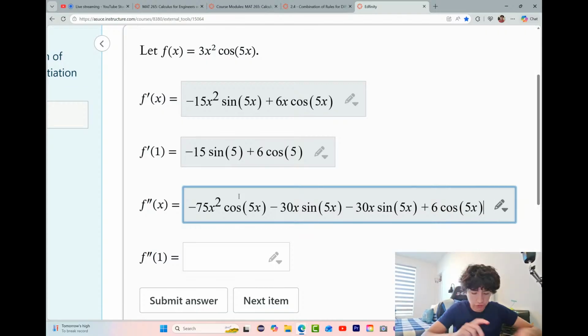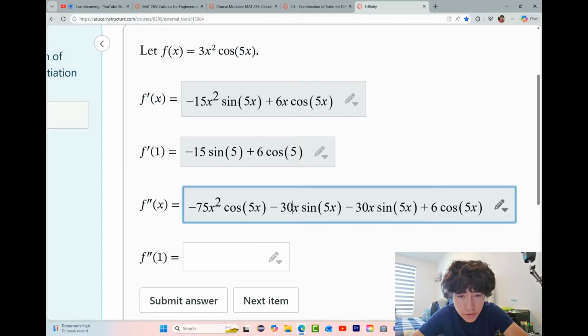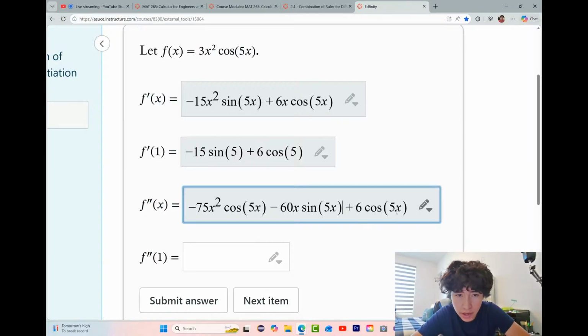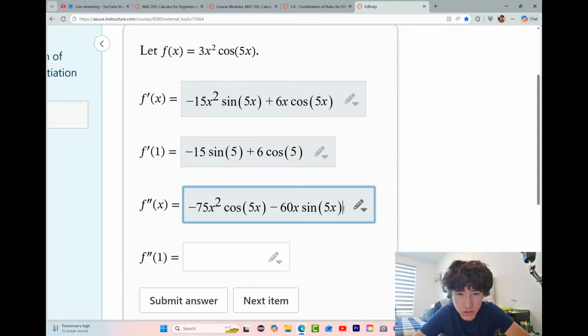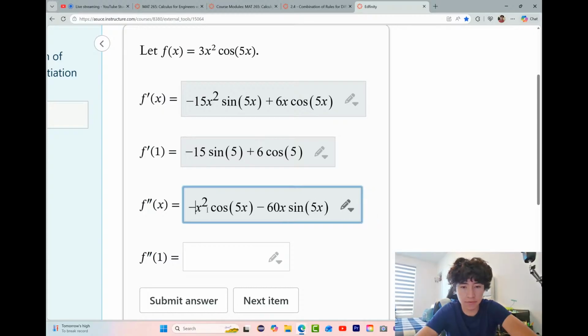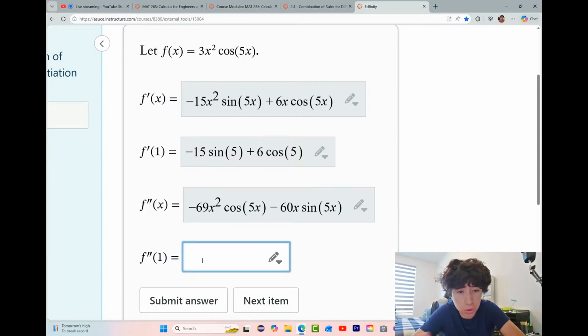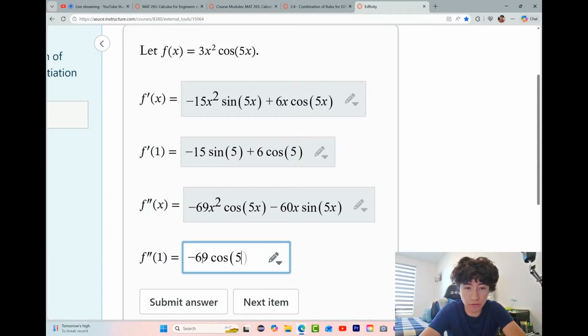Why did I put a 5? This is supposed to be 5x, right? Perfect. And this simplifies since these terms are the same. Plus 6, so we get negative 69. Now we simply plug in 1, and we get negative 69 cosine of 5 minus 60 sine of 5.